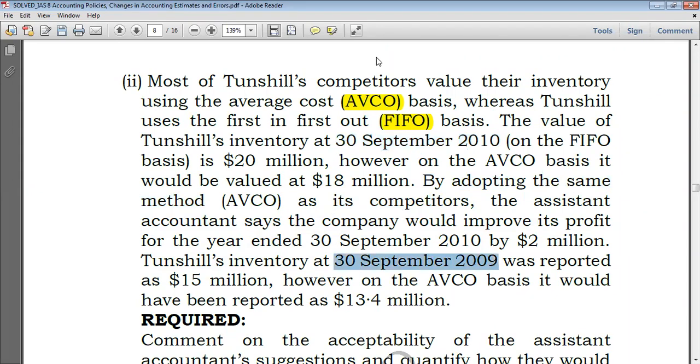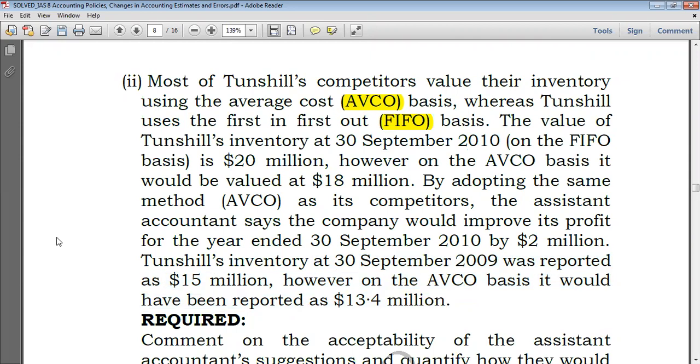So simply speaking, this would be the opening inventory, and this would be the inventory on the closing date. We are told that Tanshil's inventory at 30 September 2009 was worth 15 million. However, if it was using AVCO, it would have been reported at 13.4 million.